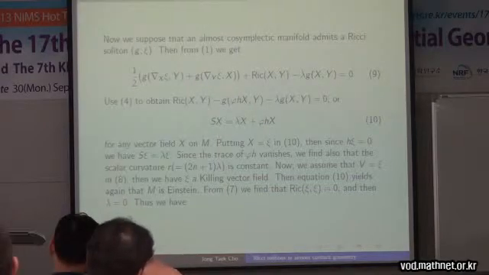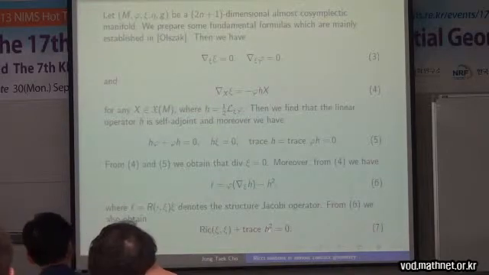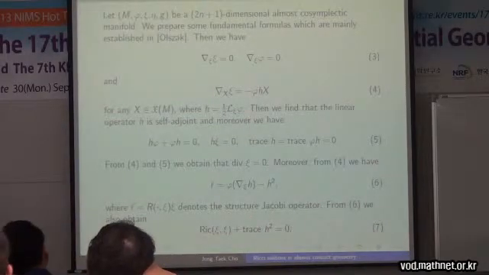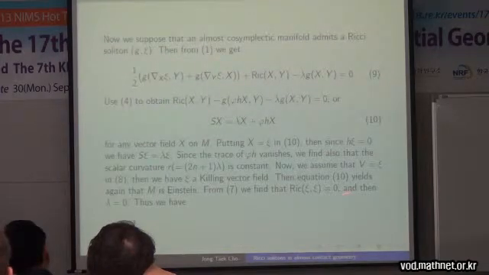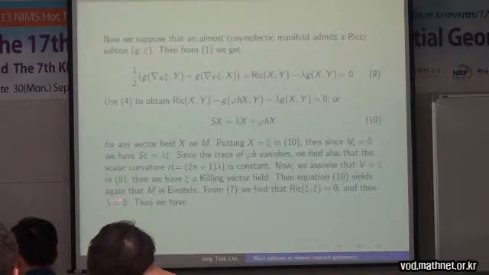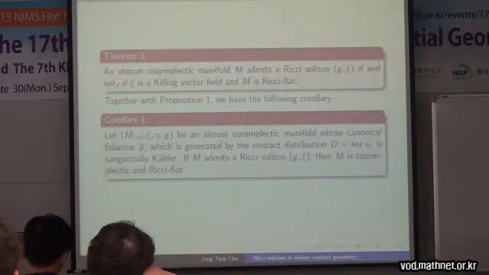From 7, this part vanishes, and then the soliton constant is 0 and the Ricci soliton is steady. Thus we have Theorem 3: an almost cosymplectic manifold admits a Ricci soliton if and only if ψ is Killing and M is Ricci flat.